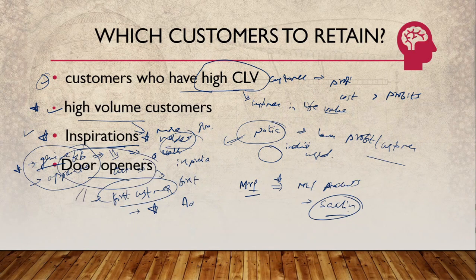If they like your product, then they will generate references through word of mouth or by creating a buzz. So these first customers, the door openers, are also very essential to retain. So you should always try to grab their attention. That is the door opener customers.